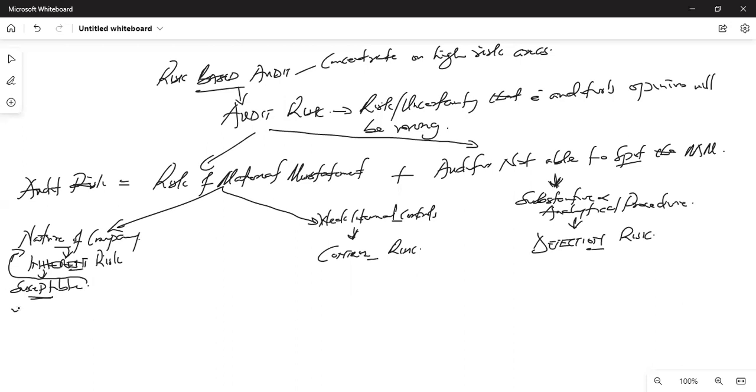So we are talking about these things affecting the class of transaction because of the way transactions happen. Sometimes cumbersome transactions, speedy transactions. Some of them are cash-based, some of them are check-based. So it's likely that people will be embezzling funds and all those things. So we are actually talking about the class of transaction.